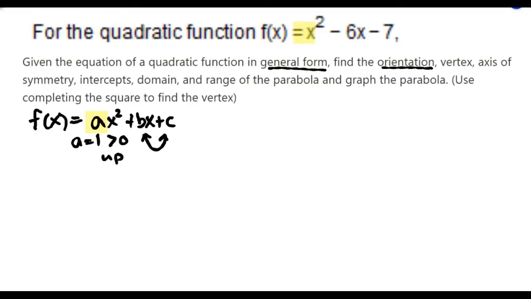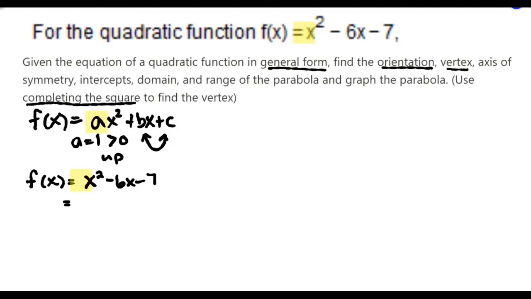Then we want to find the vertex, and we're going to find the vertex by completing the square. So we're going to start with our function f of x equals x squared minus 6x minus 7, and we're going to start by factoring out this leading coefficient from the x squared term.